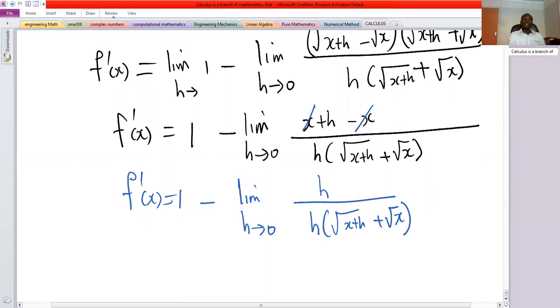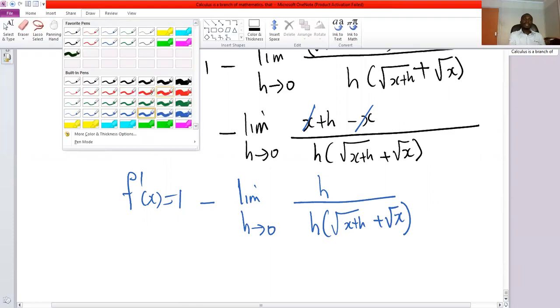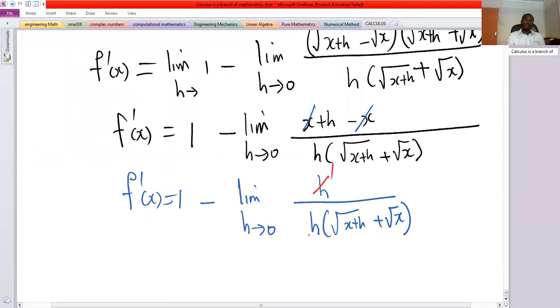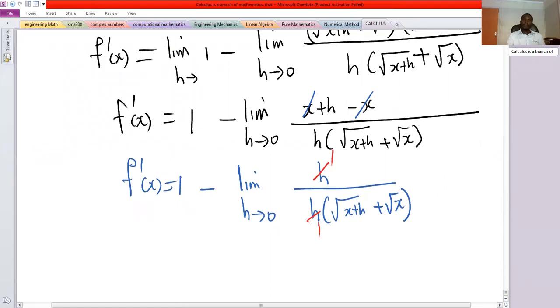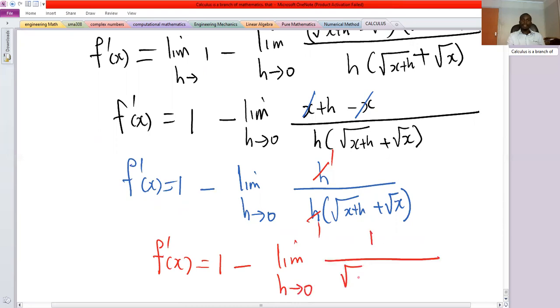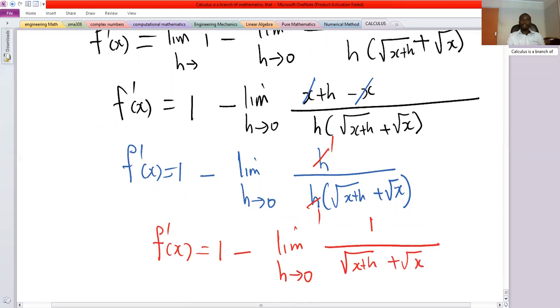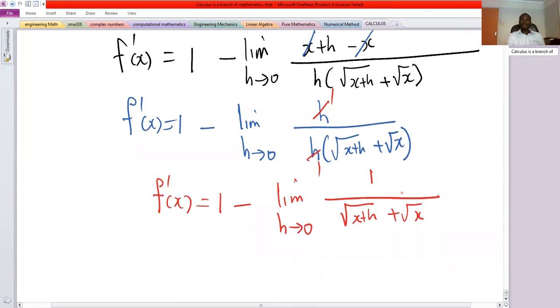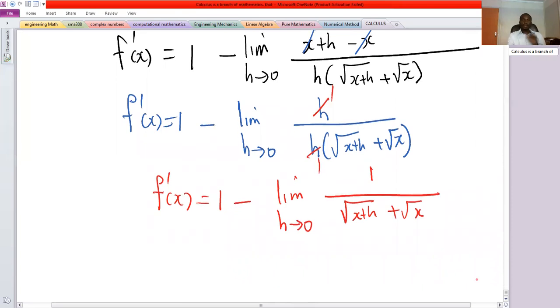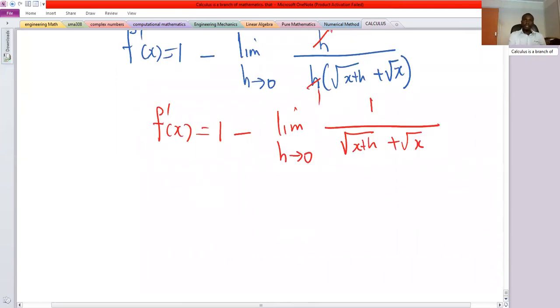Now by doing that, you can cancel h and h, so that f prime of x is 1 minus the limit as h approaches 0 of 1 over root x plus h plus root x. And direct substitution will work at this point after that simplification.